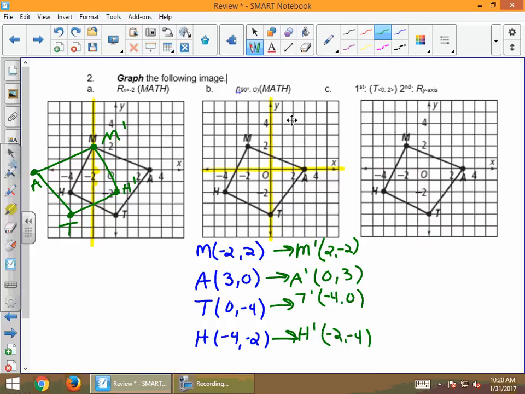Then what happens? Do we change the sign of the first or the sign of the second with a 90-degree rotation? First. So the +2 becomes negative. Is there a sign to change with 0? Just leave it as 0. The -4 becomes a +4, and then -2 becomes a +2. And then you just plot your new points. Again, make sure you label.